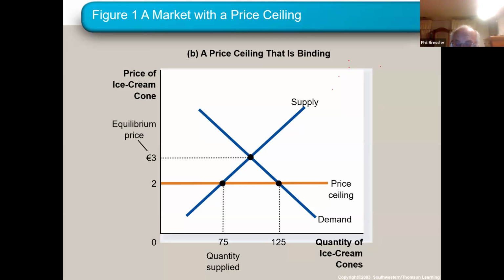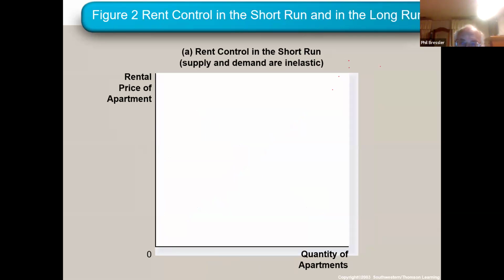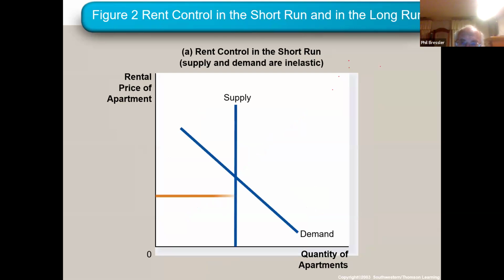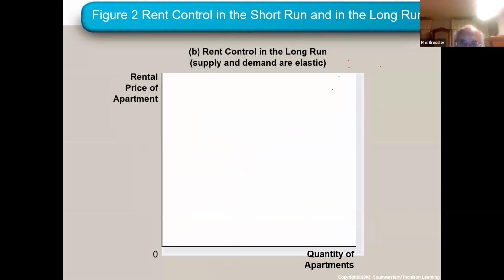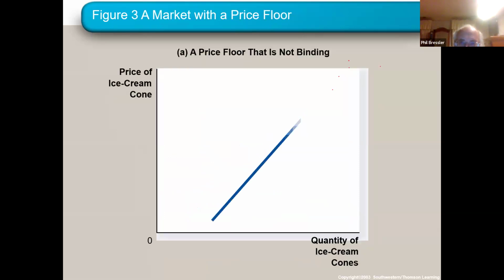Okay? So that is your binding price ceiling. There's your rent control. You don't really need to know that.